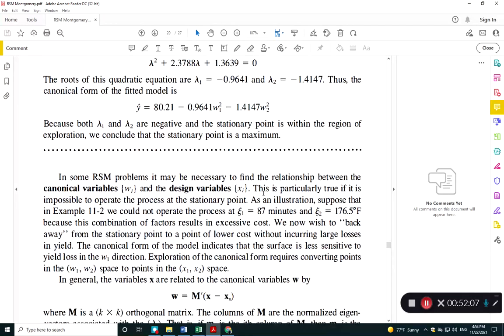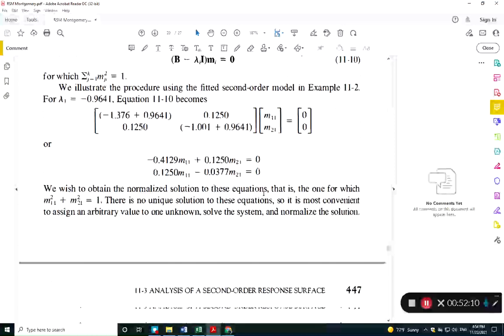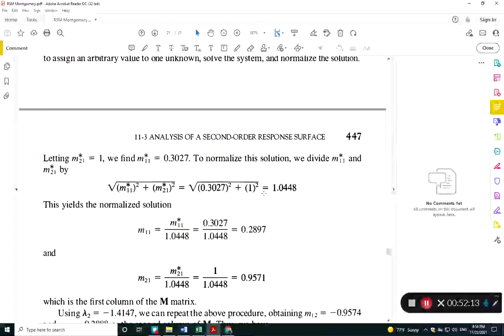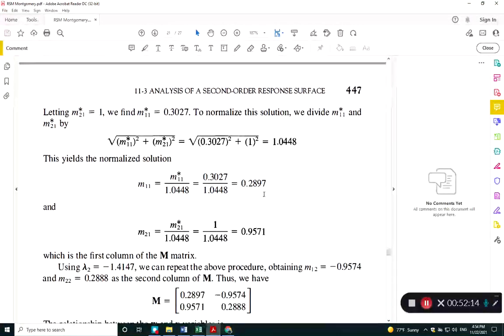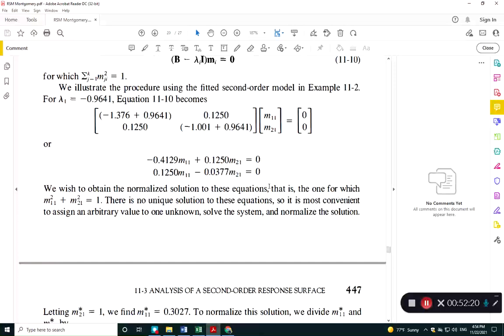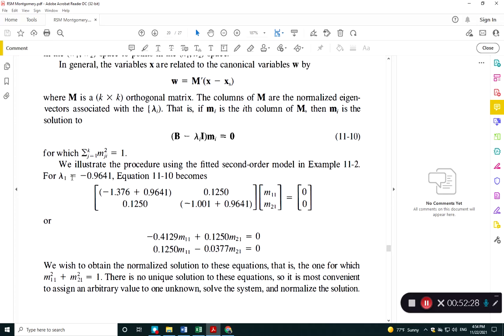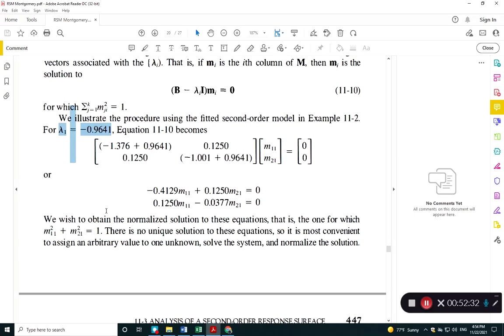And once you do that, you can find your eigenvector and your eigenvalue. Oh, time out for 1 second. When we solve the eigenvalue, eigenvalue 1 is negative.